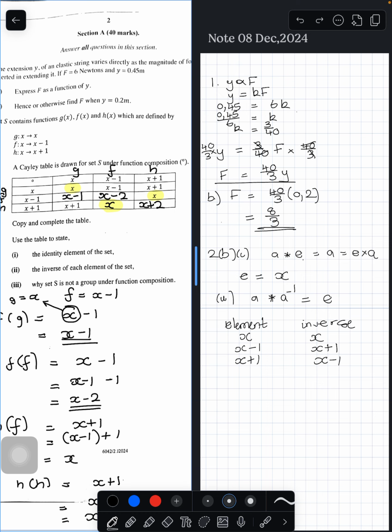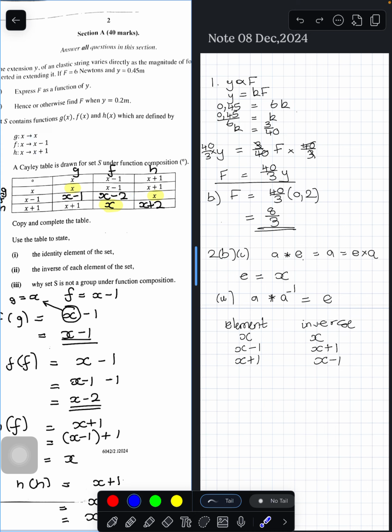The closure one: this is not closed because we are seeing foreign elements in our Cayley table. Which foreign elements am I talking about? I'm talking about x plus 2, because from here we don't have an x plus 2. I'm talking about x minus 2. From here we don't have an x minus 2. So that is our reason.